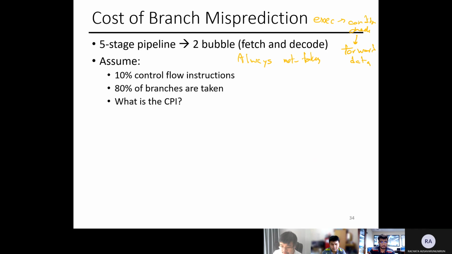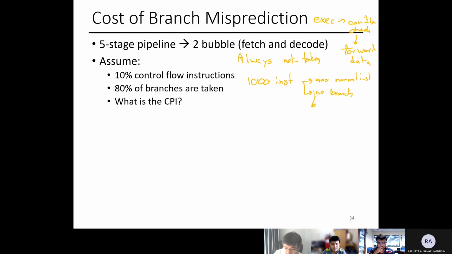To easily do this, let's assume you have 1,000 instructions. How many cycles does it take to finish this? 10% are control flow. It means 900 are normal instructions and 100 are branches, right?